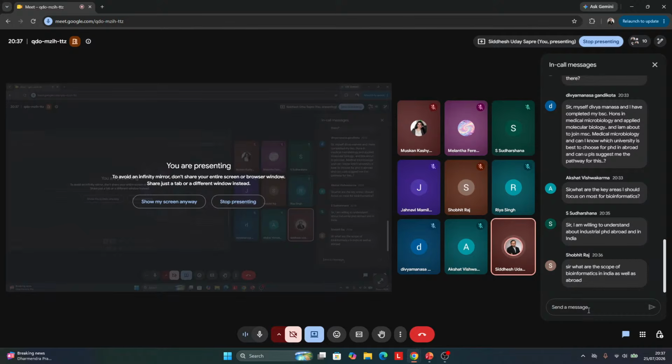Shobhit, sir, what is the scope of bioinformatics in India as well as abroad? So, Shobhit, good question. One of the things that one needs in order to learn bioinformatics is essentially only a laptop and a server, and of course knowledge regarding bioinformatics.